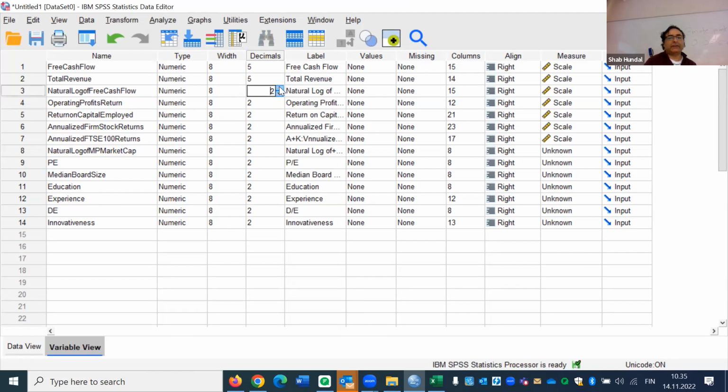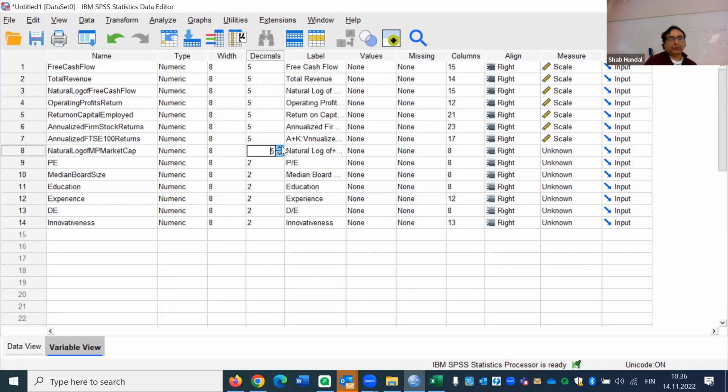You can't take more; I think maybe max 5. So what I do, I change all the numeric variables to 5 decimal places. Even though I don't need to change some of them, I just do it. It doesn't matter, and it will not cause me any harm. So 5 decimal places.